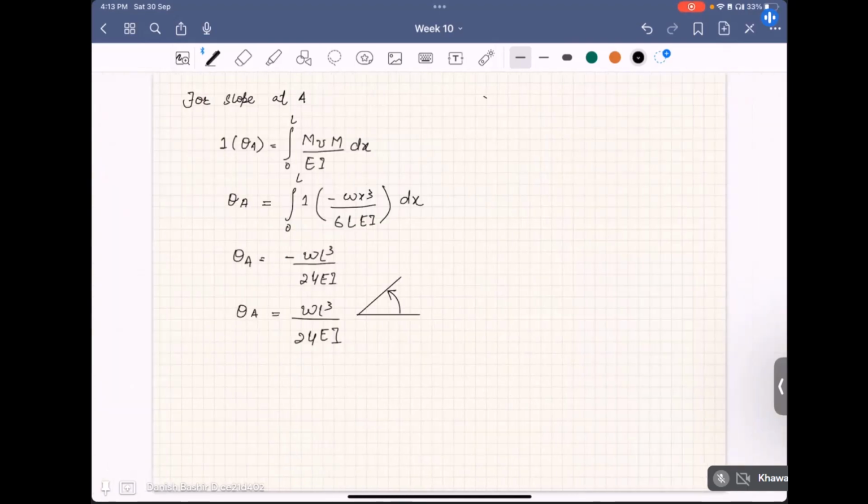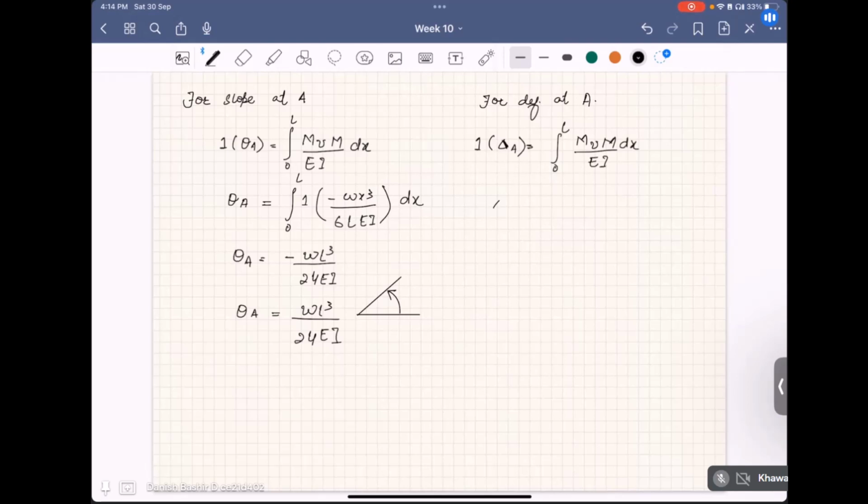For deflection at A, we will use the same formulation. 1 times delta A will be equal to the integral from 0 to L of Mv M dx by EI.